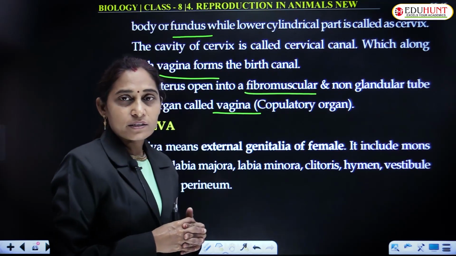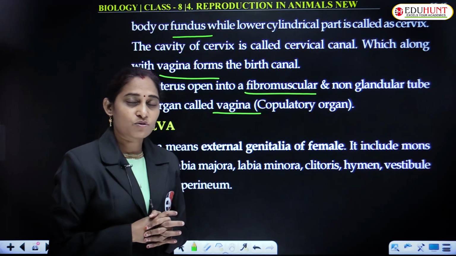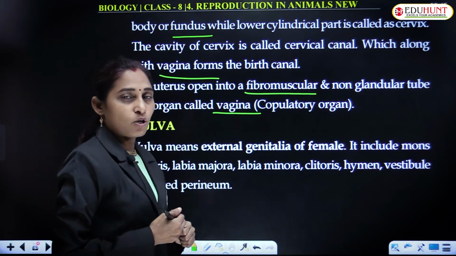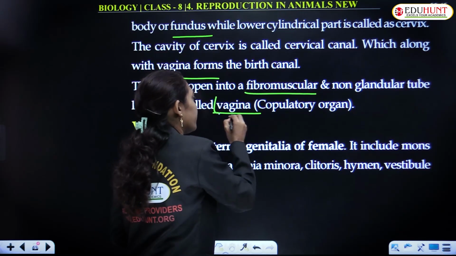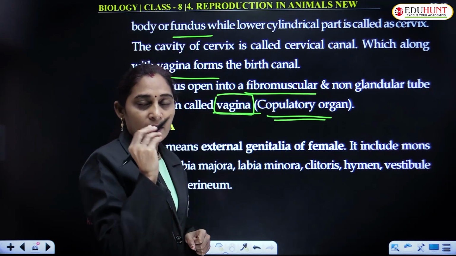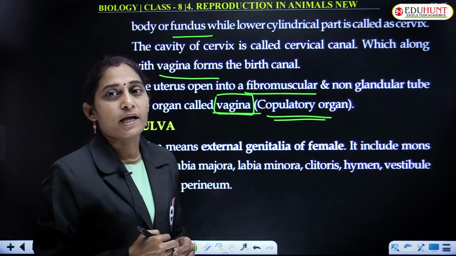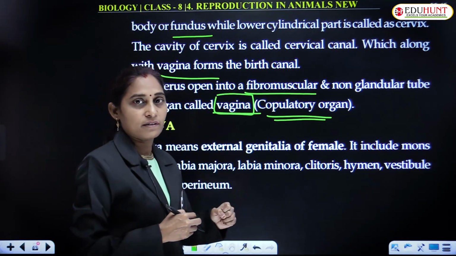The egg or ovum which is released into the peritoneal cavity is known as the coelomic egg. The actual copulatory organ of the female is the vagina. In males, the penis is the copulatory organ; in females, the vagina is the copulatory organ.